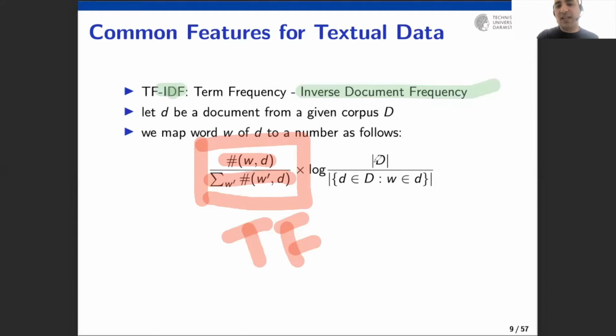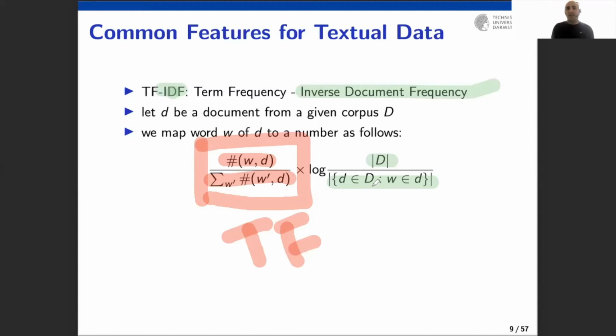So we check how many documents we have in the corpus, and how many of these documents contain word W, right? If word W occurred in all documents, then the numerator and denominator are equal.